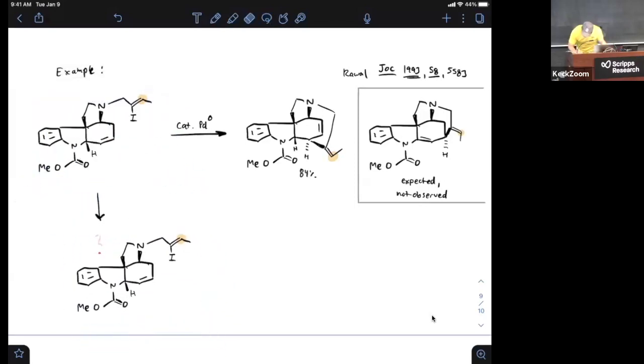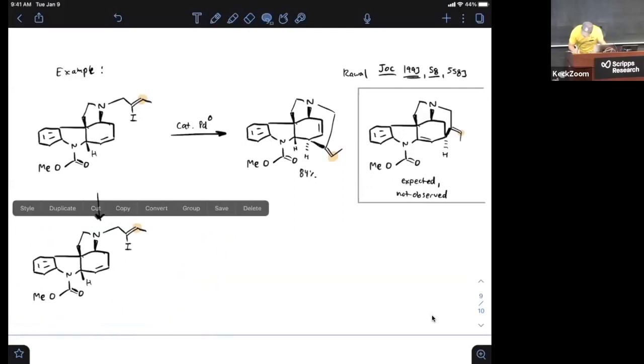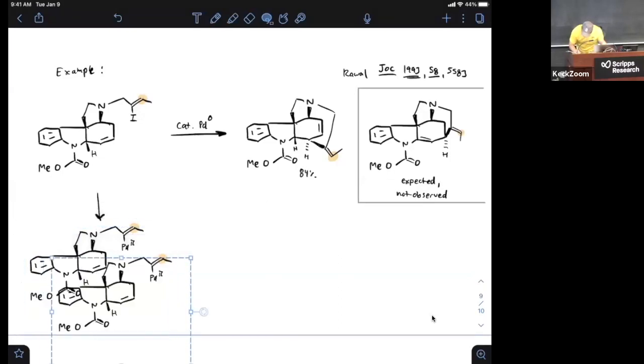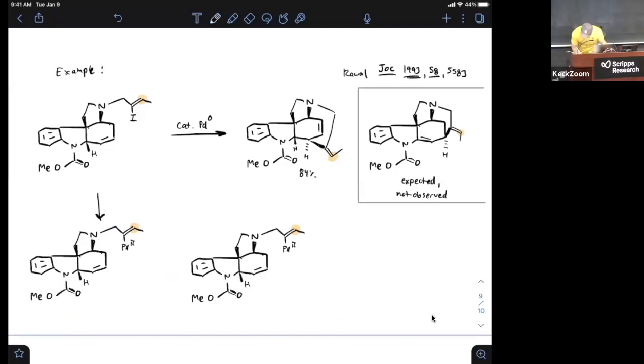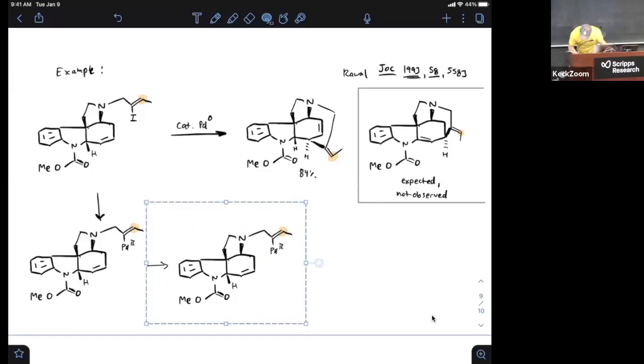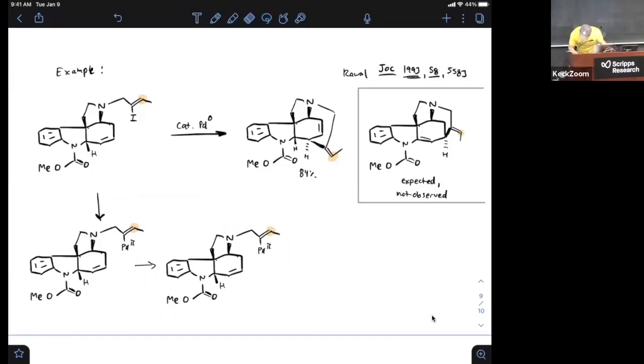Okay, so let's just get started here. Pranali, what's the first step going to be? Oxidative addition. Beautiful. Okay, what next? So far, no surprises, so we'll just do what? Migratory insertion, beautiful.